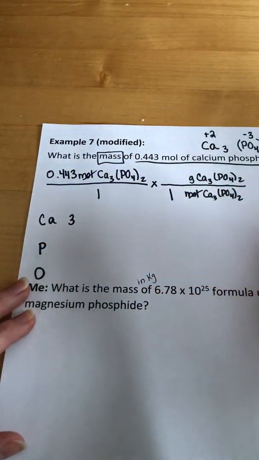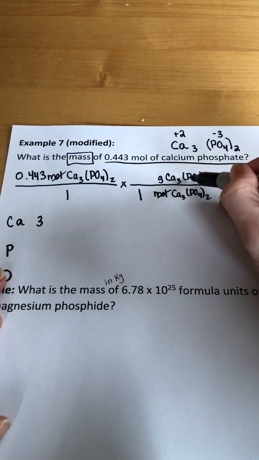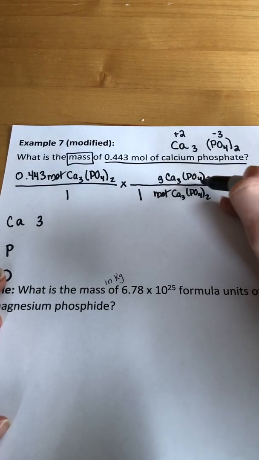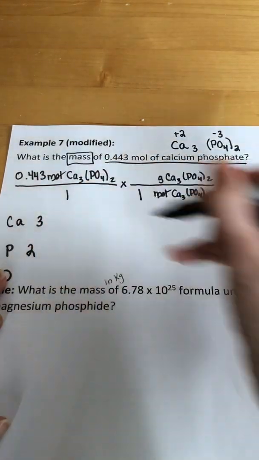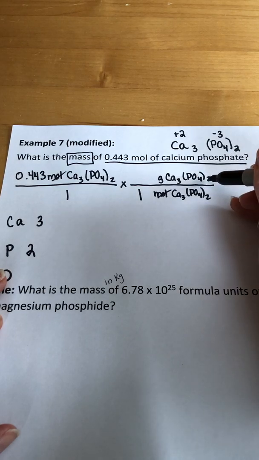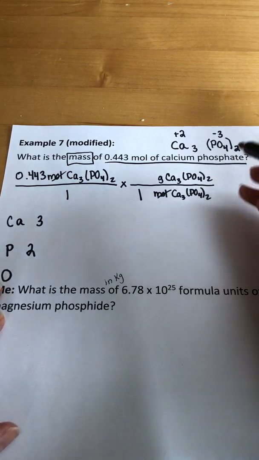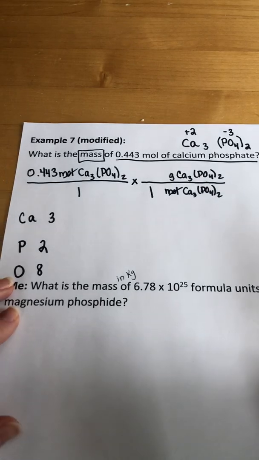In this case, the 2 gets distributed to what's inside the parentheses. So 2 times 1 means that this particular compound has 2 phosphorus. And then lastly for the oxygen, again, this 2 distributes to just what's inside the parentheses. When you distribute, you multiply. So that tells me that I have 8 oxygens.